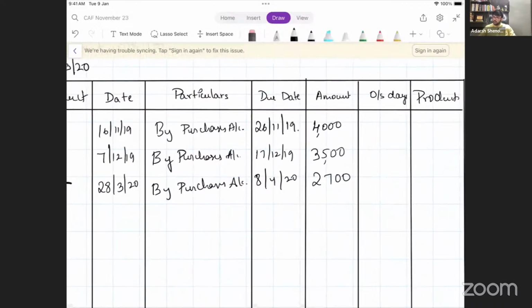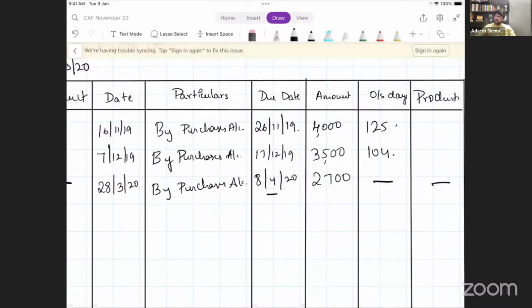Next, 4 days in November, 31 in December, 31 in Jan, 28 in Feb, 31 in March. 125. Then 14 days in December, 31 in Jan, 28 in Feb, 31 days in March. 104.